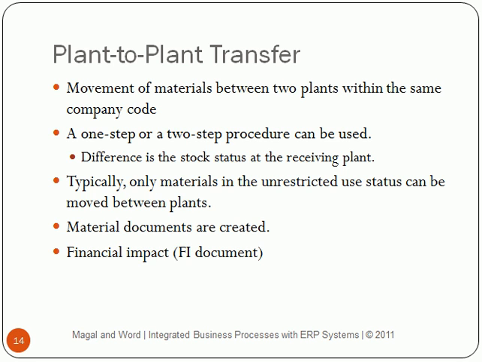You have to decrease the quantity from one and increase it to the other. So when we are moving between plants, it's always unrestricted use. So material that there is no restriction on how you are going to use it. Are you going to use it for production, selling, or whatever? That's unrestricted use.